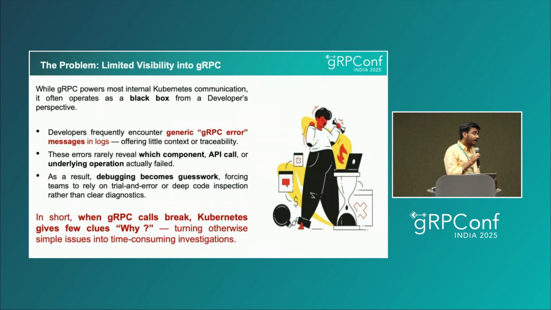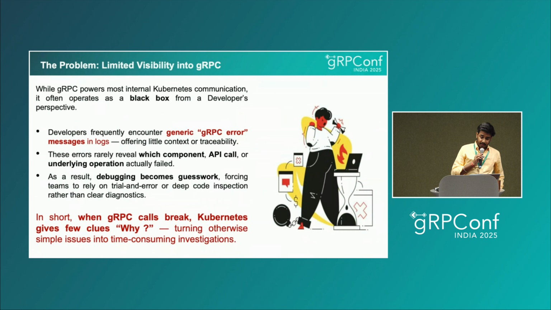So let's modify the previous example a little bit. Now we want to deploy the pod, but with a volume mounted to it. In case the volume mount fails, you might describe the pod and see a very generic error message: RPC error, mount volume failed. But it gives us no clue whether it was an NFS backend issue, a CSI driver issue, or the node's kubelet configuration.